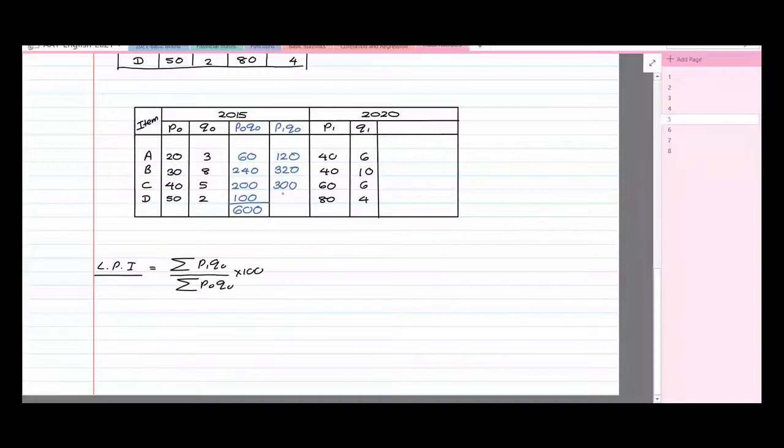Get the total: 900. Now I can put them into the formula: 900 divided by 600, into 100, which is 150.